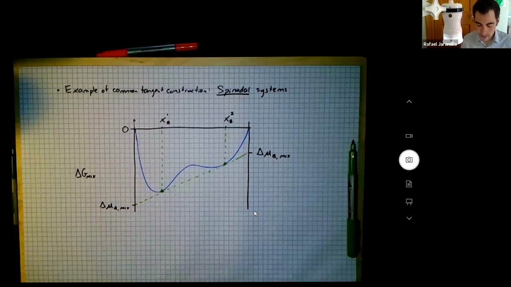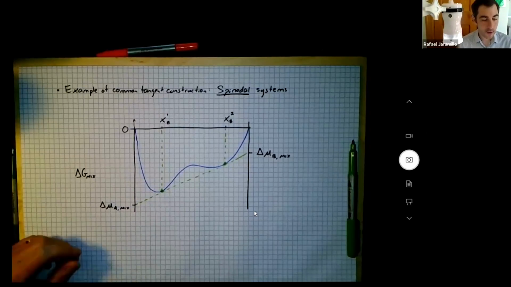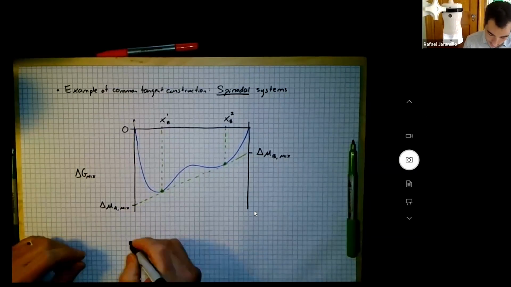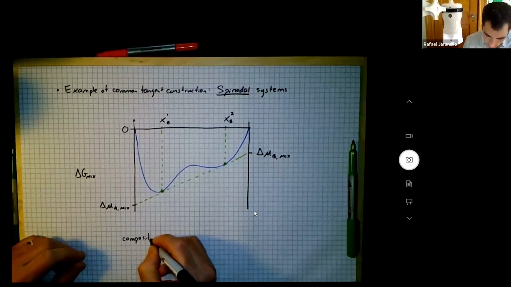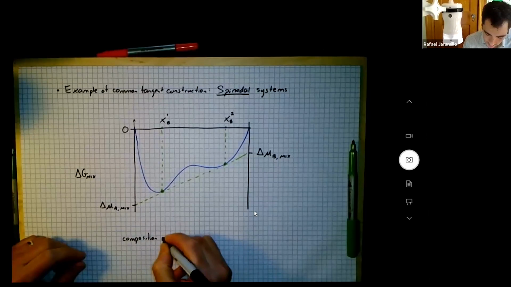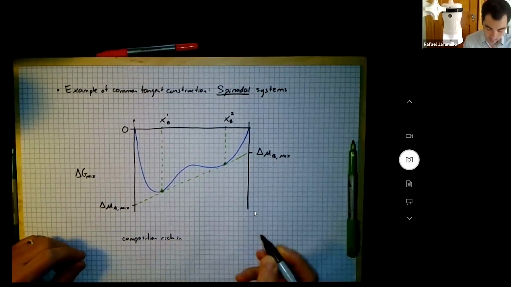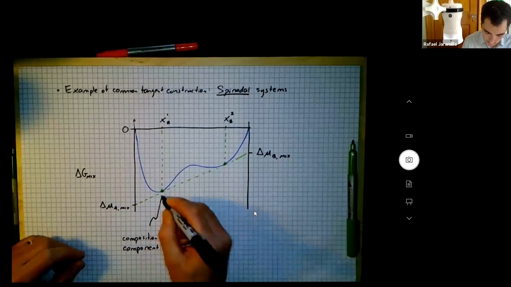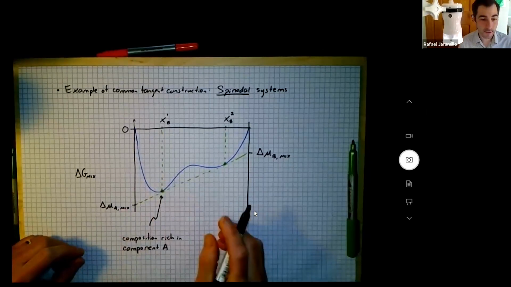Okay, and so what's happened in this system? What happens at equilibrium? This system has phase separated. It has spontaneously unmixed into two different phases with these two compositions. So you could say this is a composition rich in component A. Right, so that composition we're A rich.